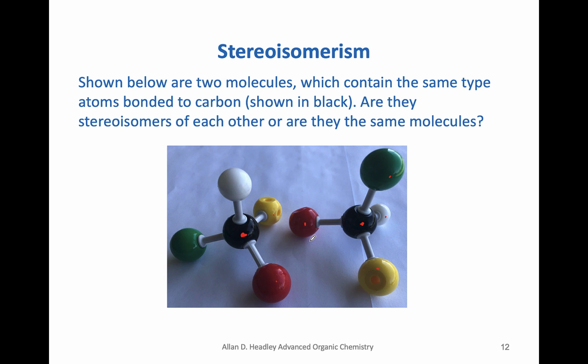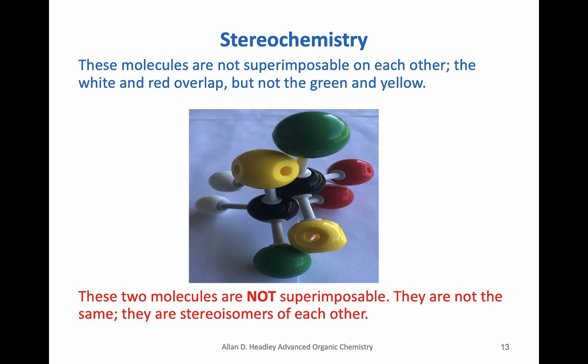So the test here, of course, is to determine if they are in fact superimposable on each other. What you can do is imagine taking them up in your mind and twisting them around, or using the real molecule, and you will see that they are not superimposable.